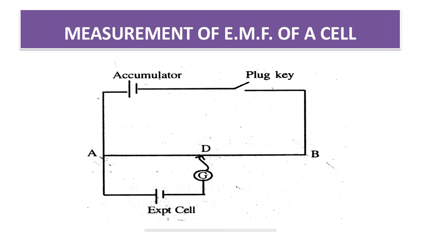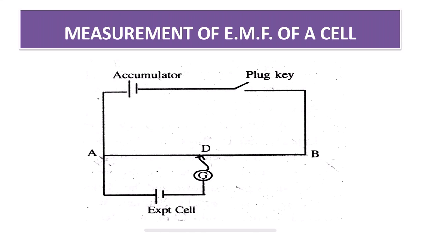And here this is the sliding contact. This D is situated in between A and B, and the sliding contact is moved so as to obtain the balance point D1.